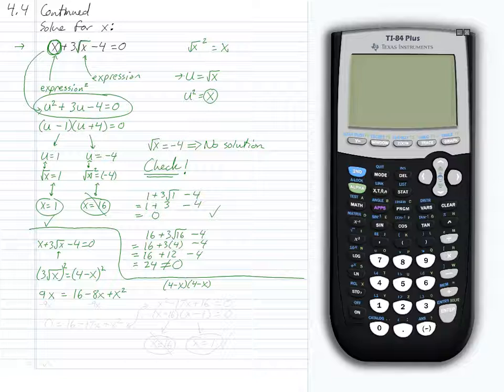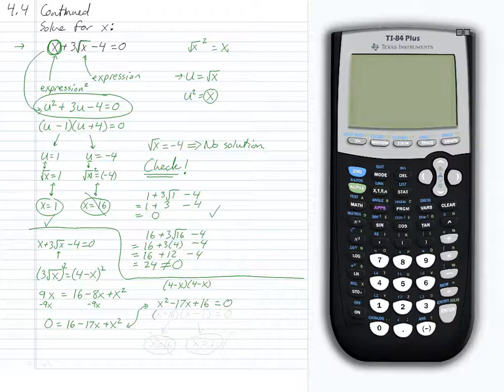Alright, so now if we subtract the 9x over to the other side, we end up with 0 on the left, 16 minus 17x plus x squared. Well, I think a better way to write this might be x squared minus 17x plus 16 equals 0, which we can then solve using our quadratic techniques.